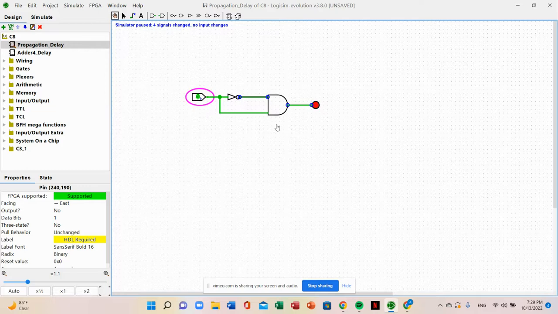And so NOT gates don't react instantaneously, compared to the inputs, and in reality, neither do they in Logisim.